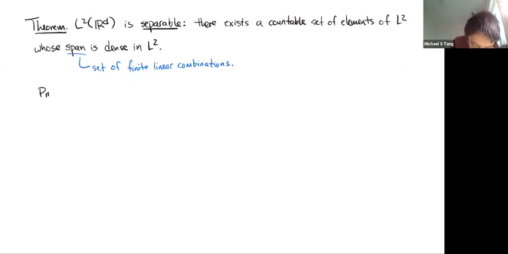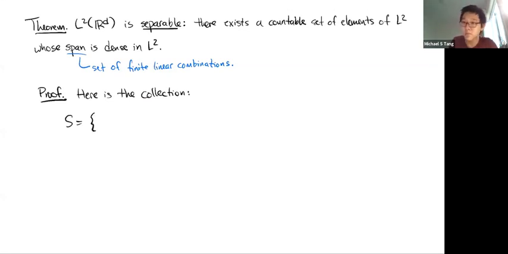Okay, so for the proof, let's first write down what this collection of elements is going to be, and then we can prove its status. You might think that we want to use the fact that the rationals are dense in the reals, and we are indeed going to do that. So here is the collection we'll use. Let's call this S. It's going to be a certain type of step function.